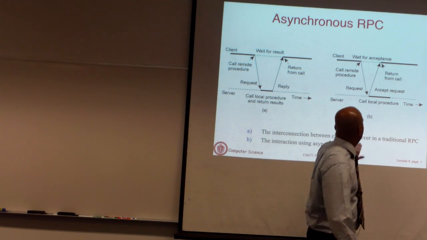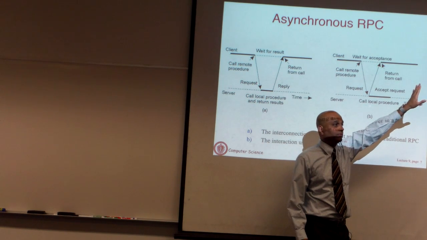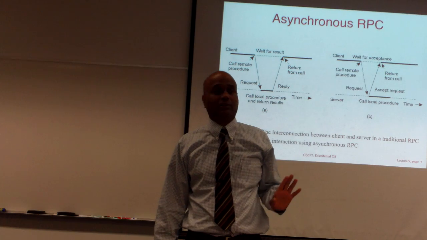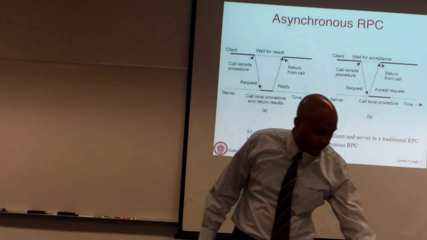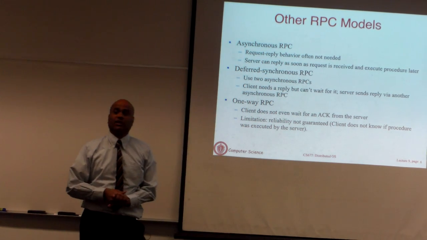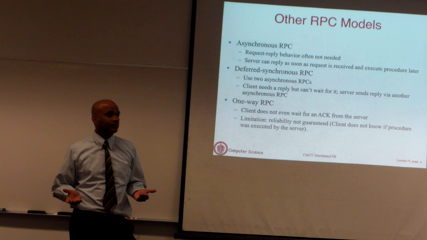In one-way RPCs, this arrow is gone. You simply send a request and then you continue execution. You don't even see whether the server has received it and whether it's executing. So that's one-way RPC. In this case, reliability is not guaranteed because the client does not know that the RPC request was even received by the server.